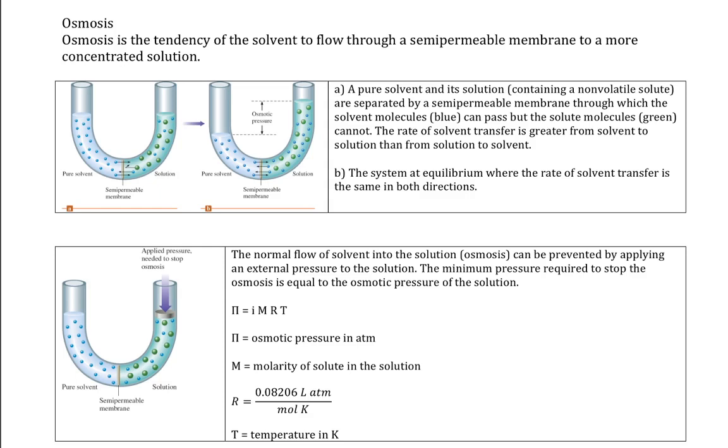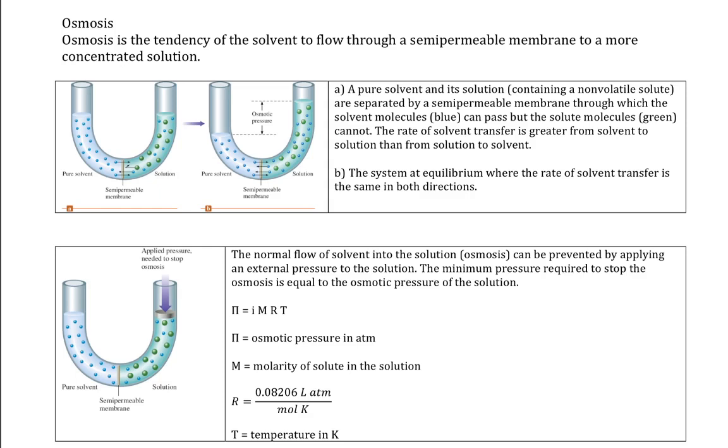So the blue particles on the blue side can go through the membrane more easily than the blue particles on the green side can go. So the blue can travel toward the right more easily than toward the left. What that does is it causes the liquid level in the green side to rise.